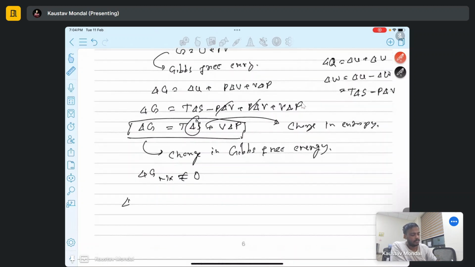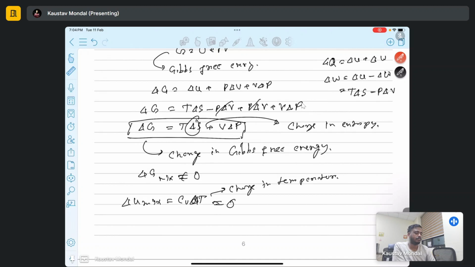Delta U is equal to CV delta T, which is basically the change in temperature. But for our system, there is no change of temperature mentioned in the problem. So delta U mix is also equal to 0.